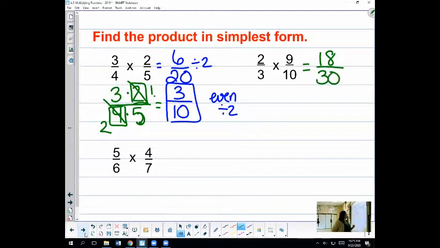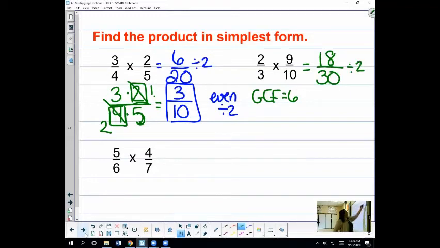Next one here, this would be 18 over 30. Again, if you struggle, are they both even? Yes. I know the greatest common factor that they share. The biggest number you can divide both of those by is actually 6. If you know that the GCF for these two is 6, you could get this done in pretty much 1 to 2 steps. But let's say you don't know that. So let's say I at least cut it in half because they're both even.